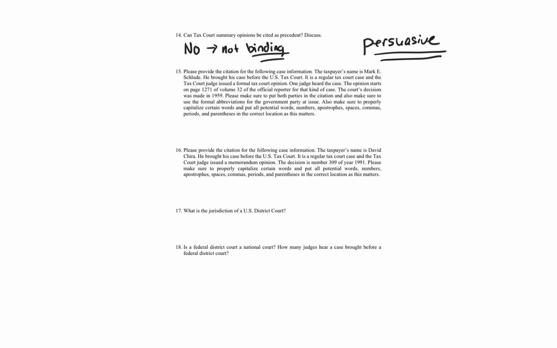Please make sure to put both parties in the citation, and also make sure to use the formal abbreviations for the government party at issue. Also, make sure to properly capitalize certain words that are required to be capitalized, and put all potential words, numbers, apostrophes, spaces, commas, periods, and parentheses in the correct location, as this matters. And it is very important.